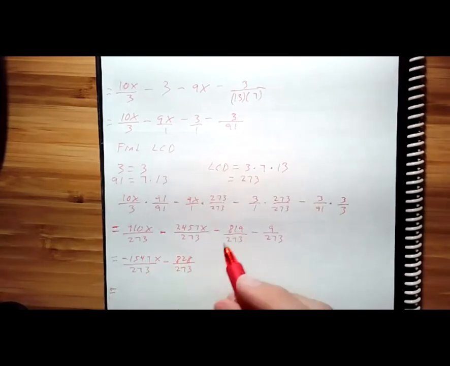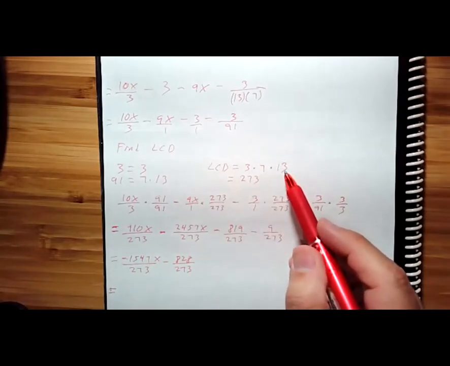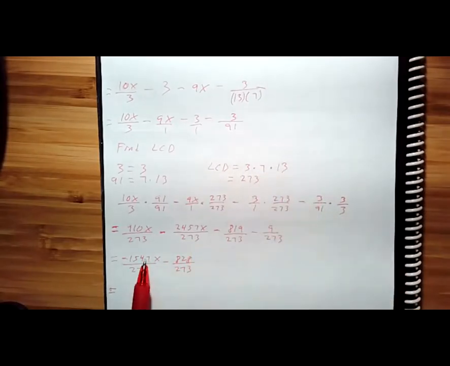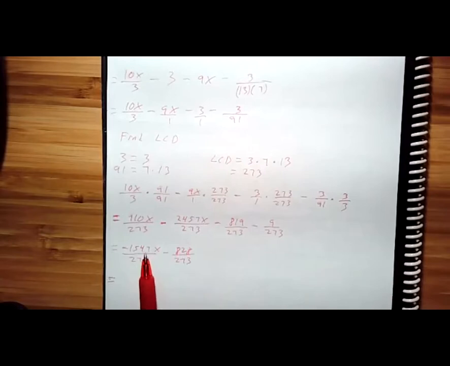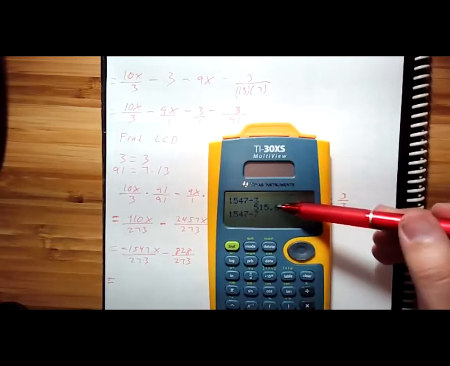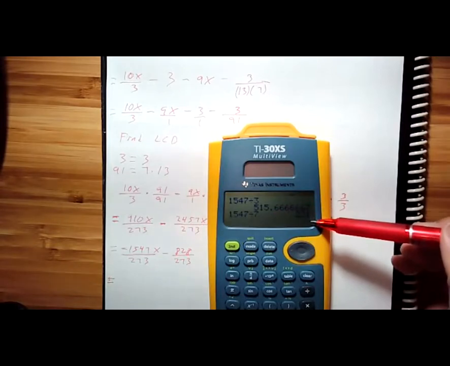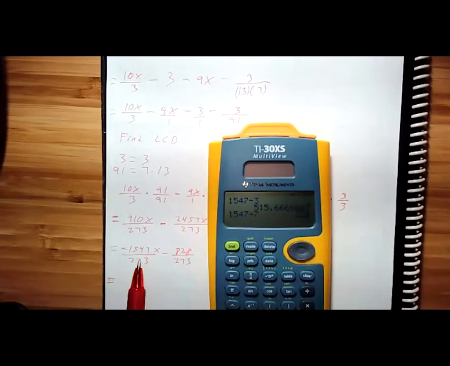We know that 273 is made out of 3 times 7 times 13. So one way to reduce is to divide the top part by each of these and see if it reduces. Since it's kind of large, it's a little difficult to see. So I would just take 1547, divide by 3 and see if you get a whole number. I did not. Divide by 7 and we do. So that's 221. So both are divisible by 7.